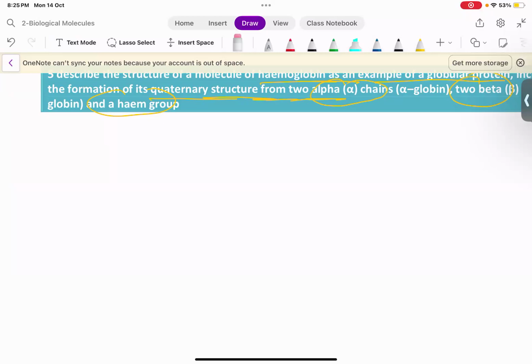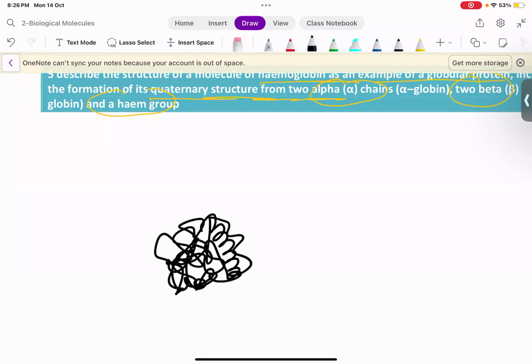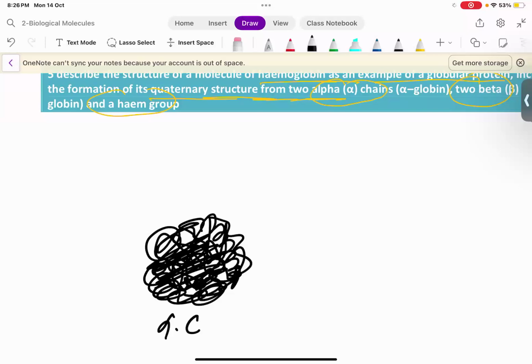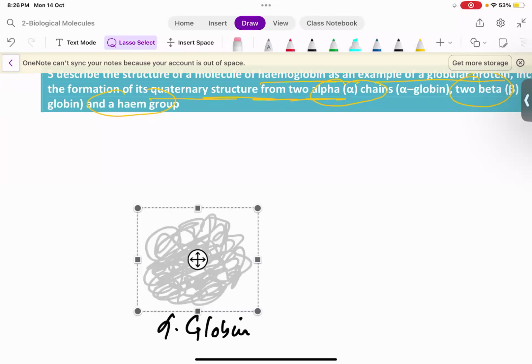Alpha globin can be drawn this way. Okay, so this is coiled and folded and it makes a 3D shape. So this is how we can make a 3D shape here. So this is alpha globin. Two such alpha globin are present. So I'll just copy it.